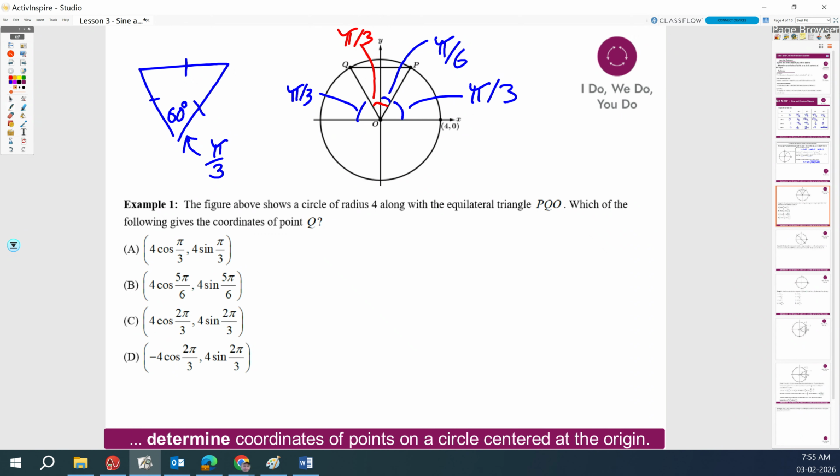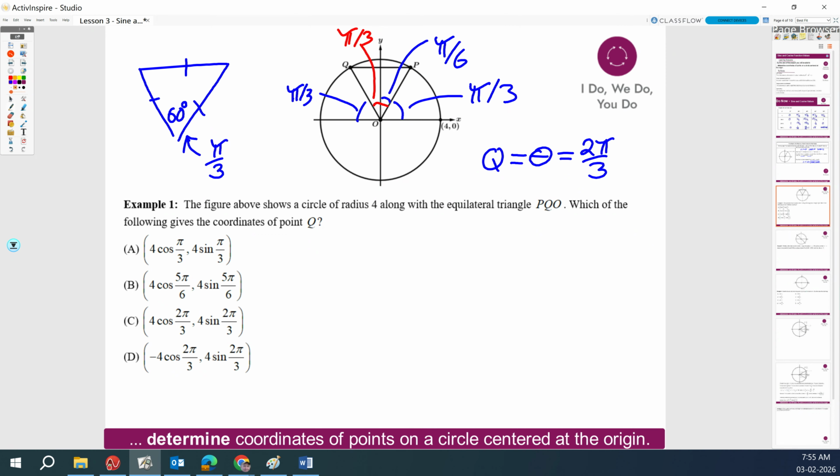So we want the angle for Q. So the angle for Q is theta is equal to 2 pi over 3. This is our angle for Q.